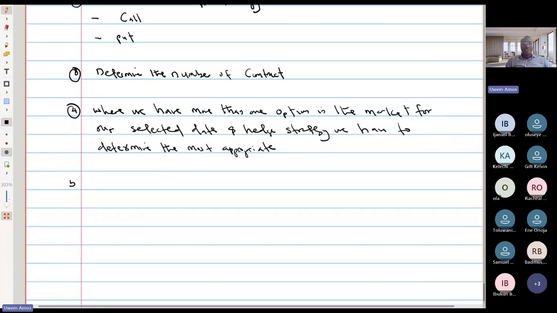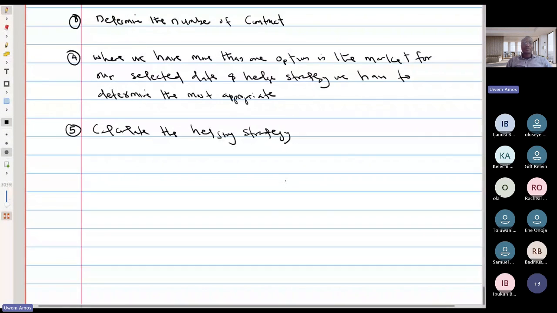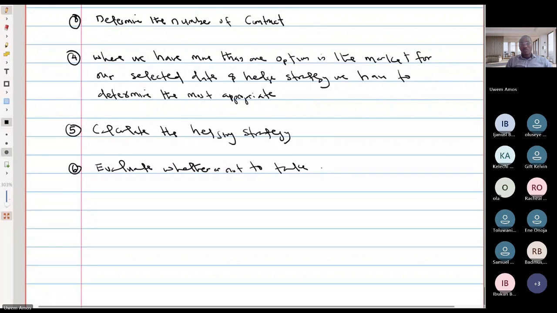And then the fifth step would be for us to calculate the hedging strategy. And then finally, the sixth step would be for us to evaluate whether or not to take the option on the requirement date.